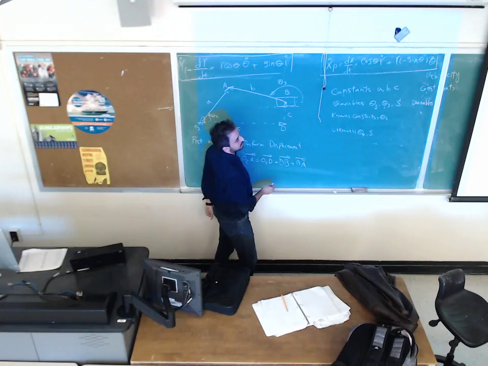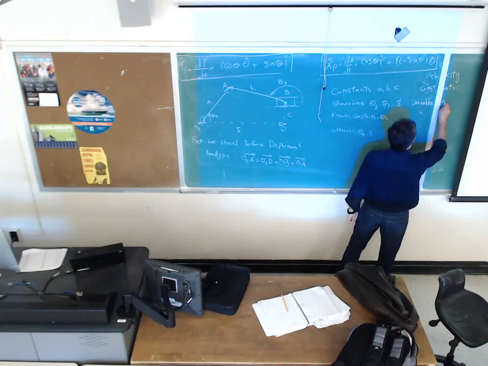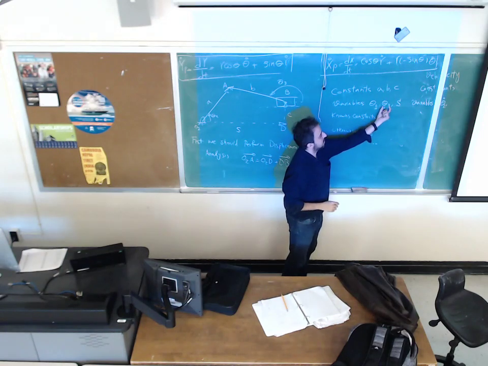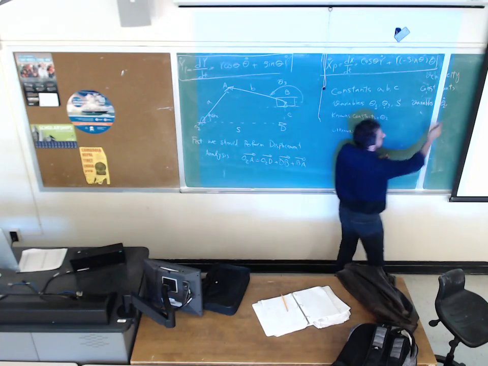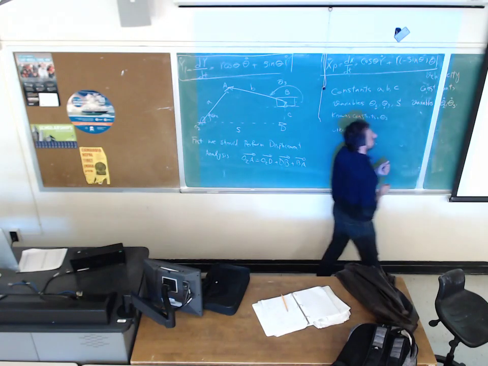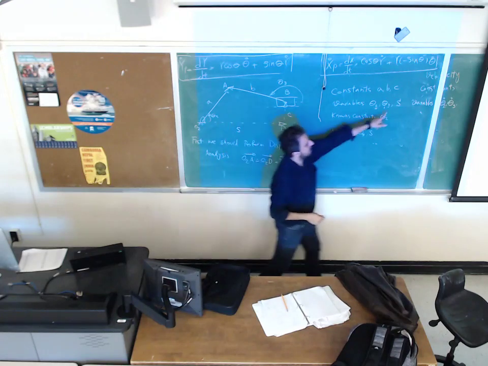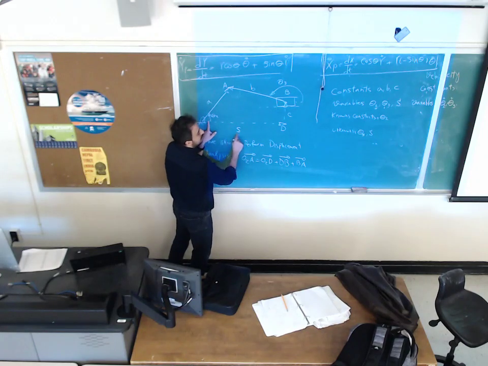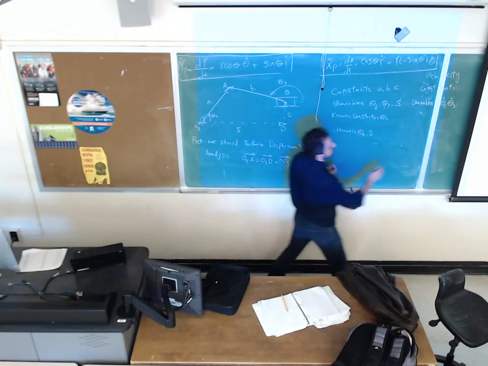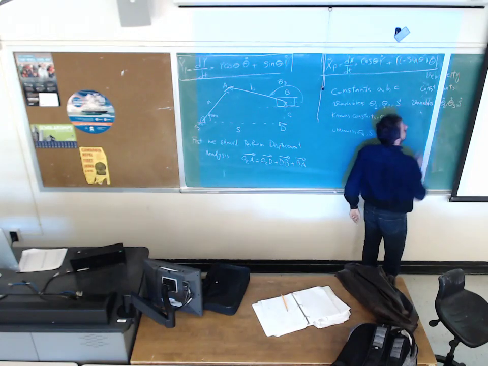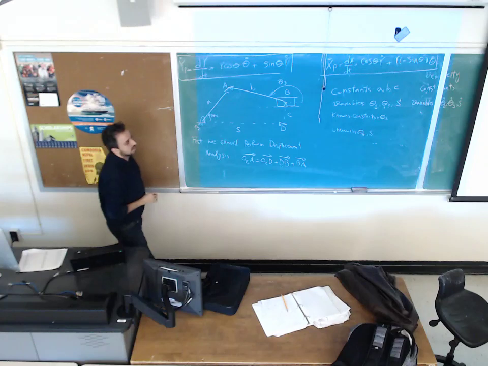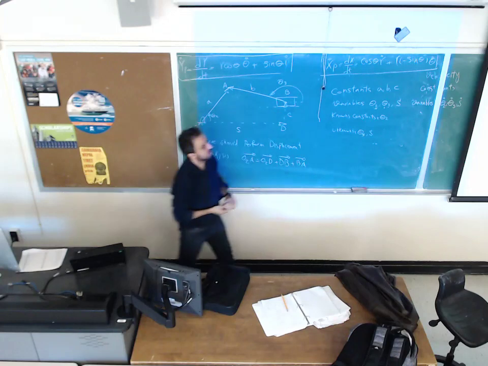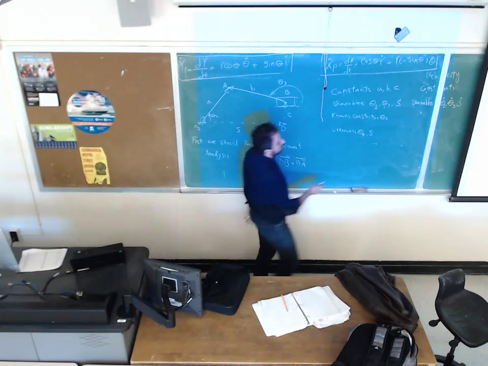Derivative of theta 2 with respect to time, which is theta dot 2 or omega 2, is variable. Theta 3 is the variable here, derivative of that is variable in velocity. And S is the location or position of the slider. ds over dt, or s dot, which is the velocity of the slider, is going to be the variable in velocity analysis. So theta 2, theta 3, s, just put a dot on top of each, we will get the variables for velocity.